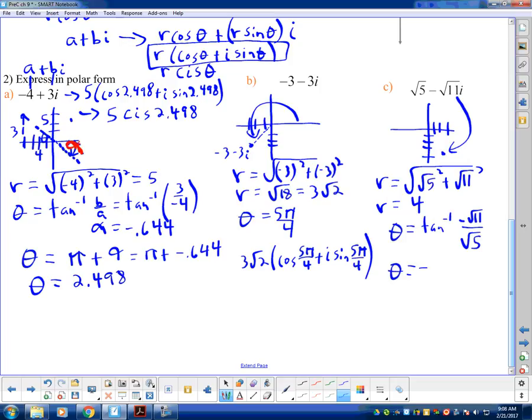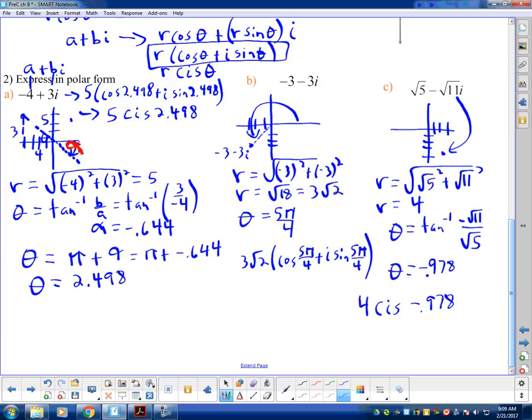Yeah, that's what I got. Negative 0.978. So one possible solution would be just write this as 4, and then if you want to use cis form, cis negative 0.978.